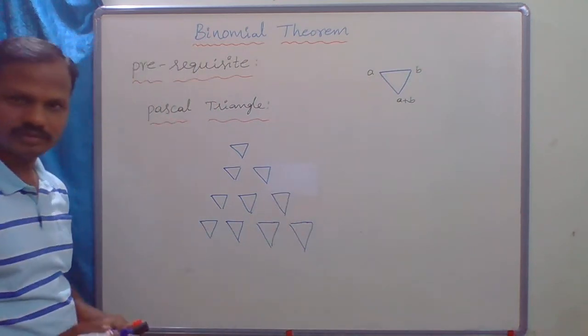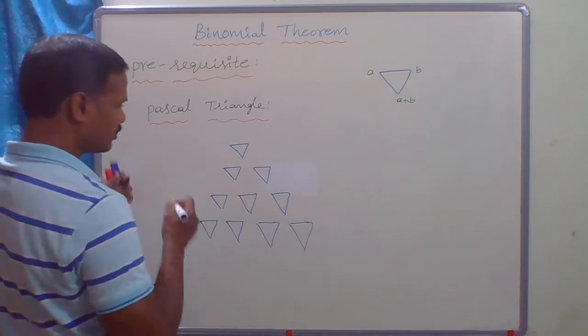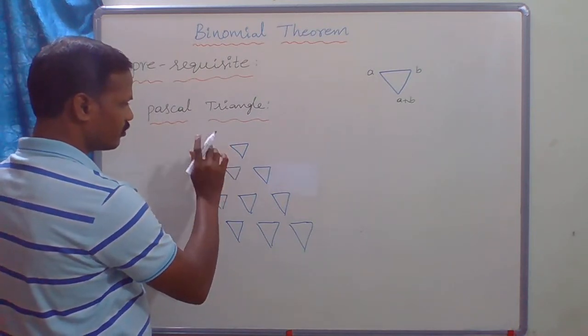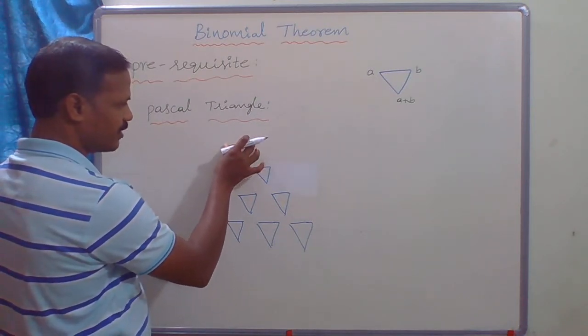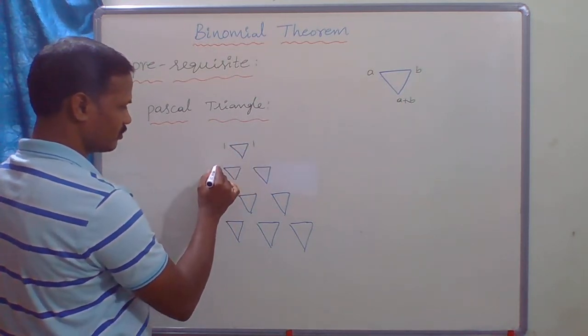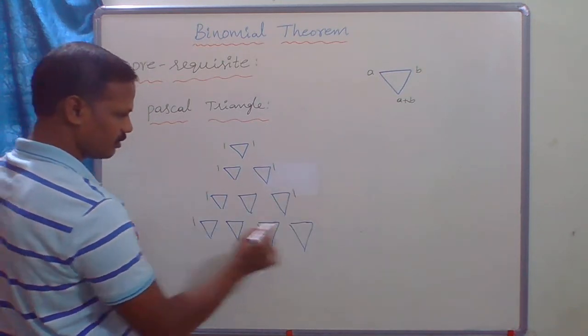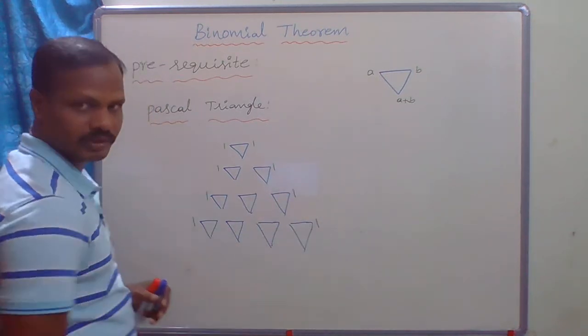Okay, so the process is going on. Now take these n vertices as 1, 1, 1, 1, 1, 1, 1, 1. Keep on going.